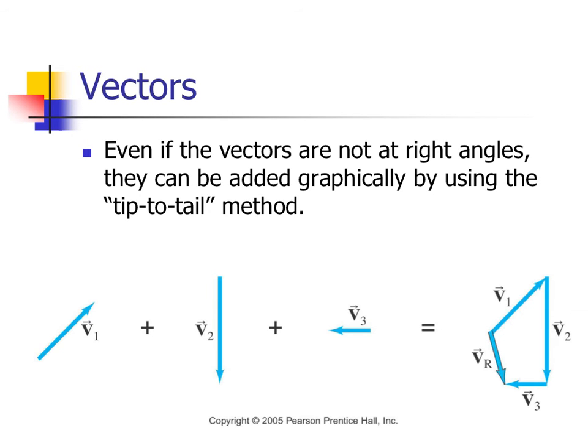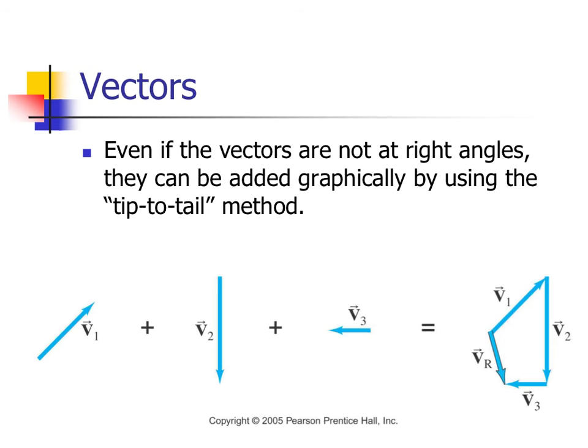So here's another example, and it does not matter the order in which we do them, but how we add these vectors together does matter. How we add them together does matter.